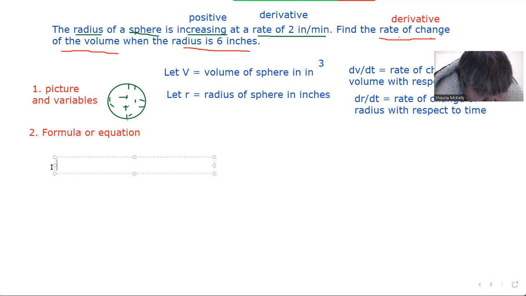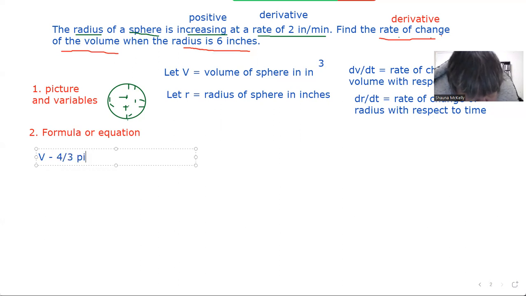So we have volume, V, and I'll go back to this blue color. Volume is equal to 4/3 pi r to the third power.